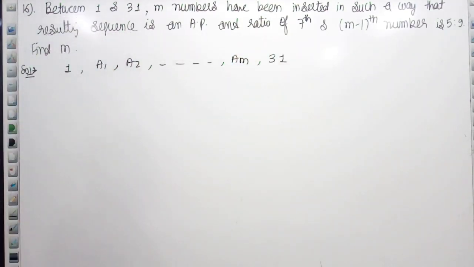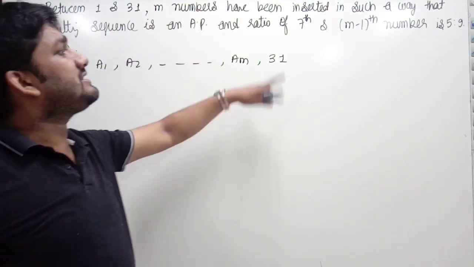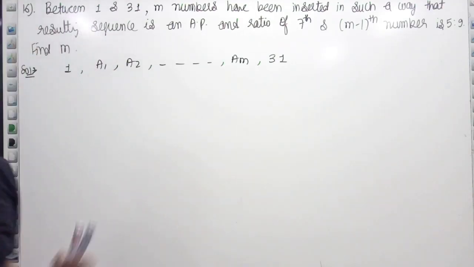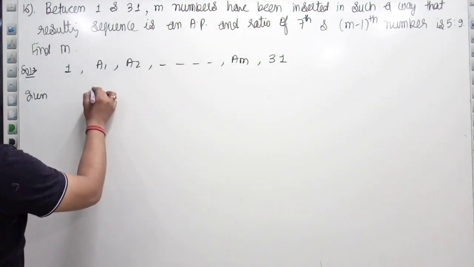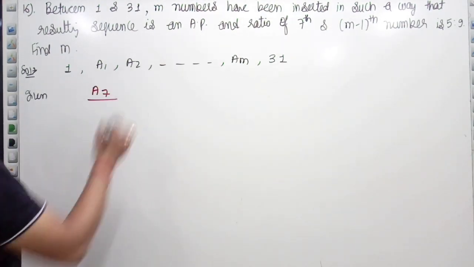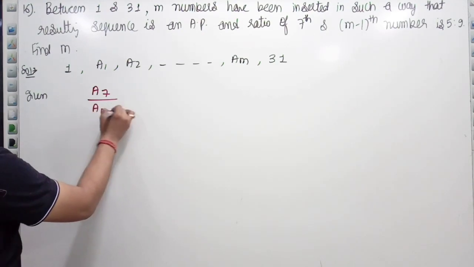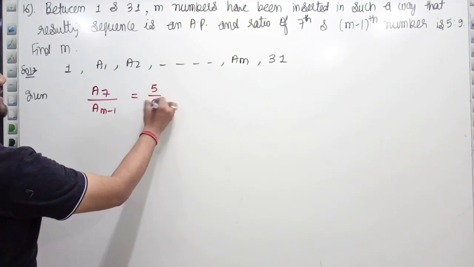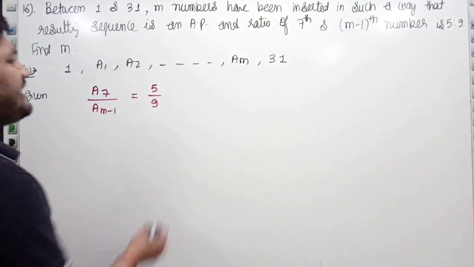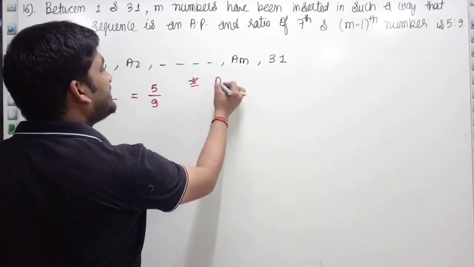Right, m numbers I have inserted. Now the ratio of the 7th and (m minus 1)th number is 5:9. So the 7th number is a7, and the (m minus 1)th number, am minus 1, is equal to 5/9.